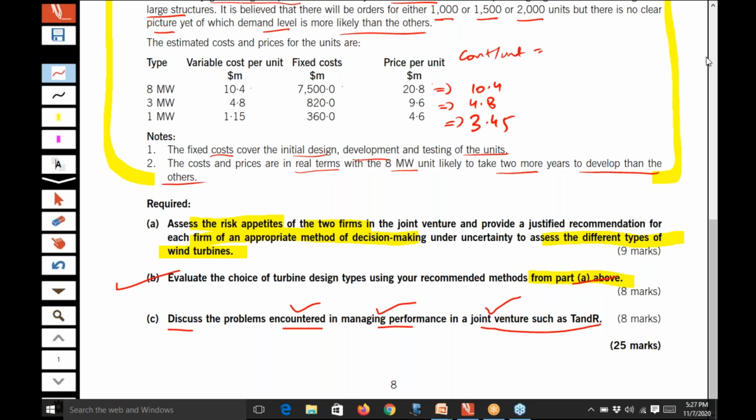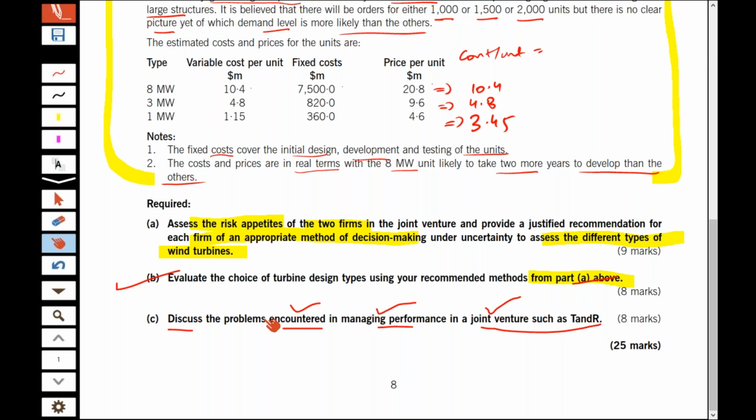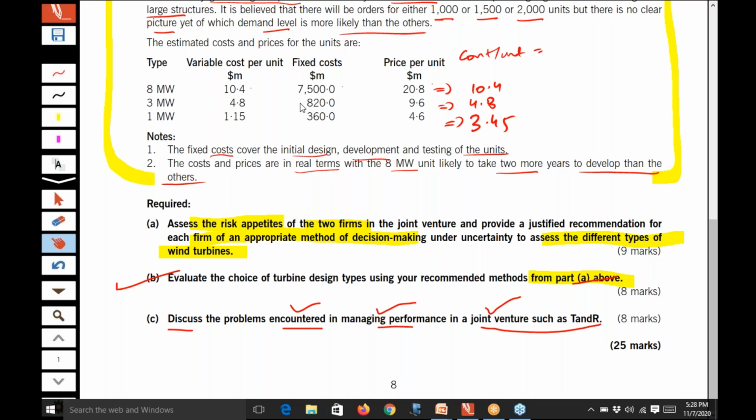Please, we need your suggestions, your input for this. Any suggestions? Okay, good. More suggestions needed, please.